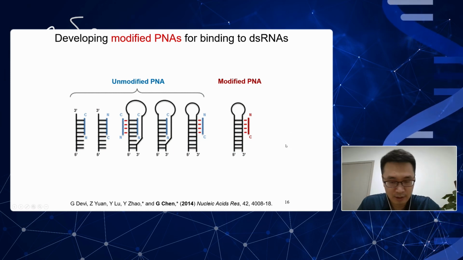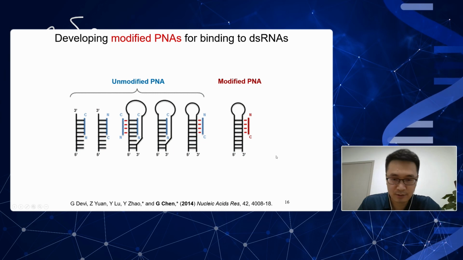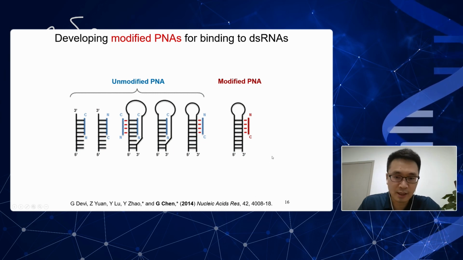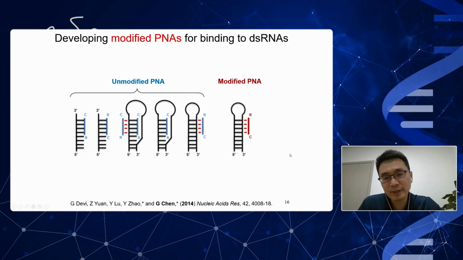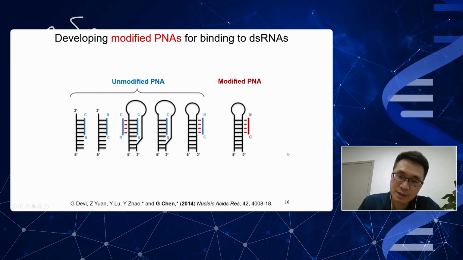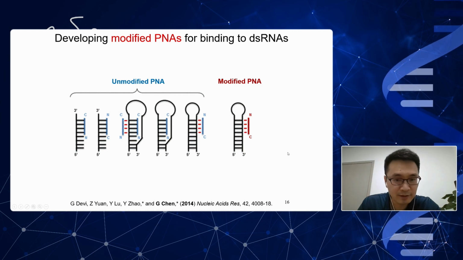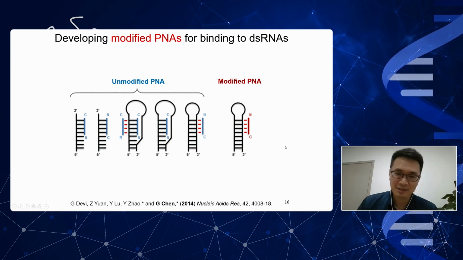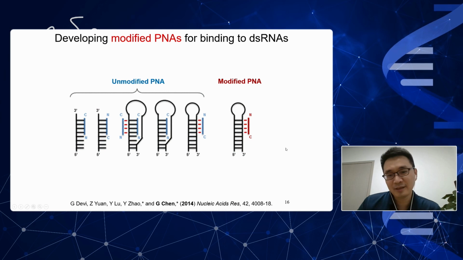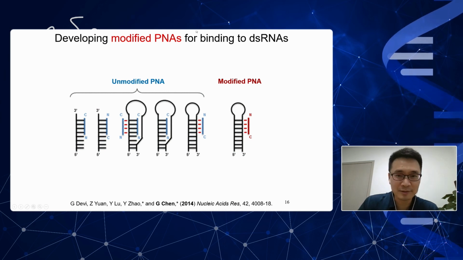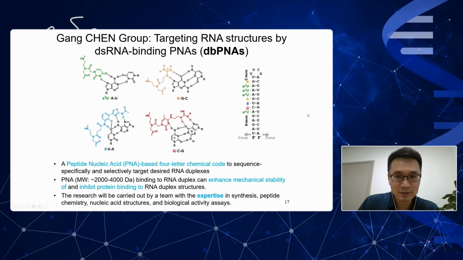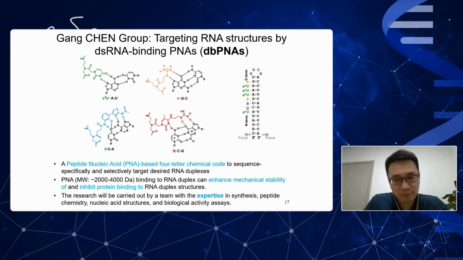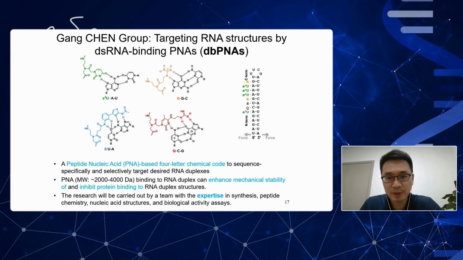We started publishing some papers in NAR and other journals in 2004. It took us some time. Although our lab was already doing this PNA-related research in 2010, it took us some time to finish a story and to publish a paper. For the past almost 10, 11 years, we have been doing this.